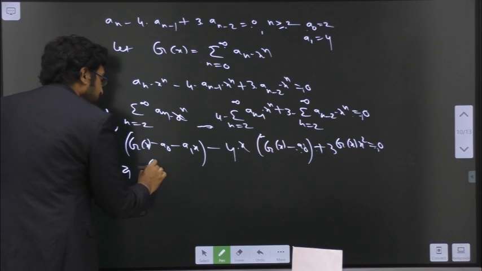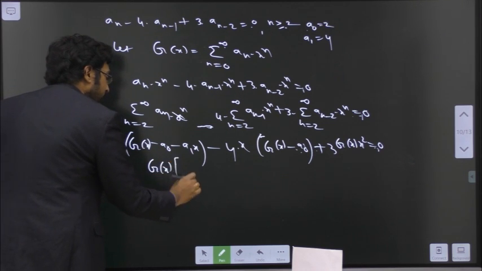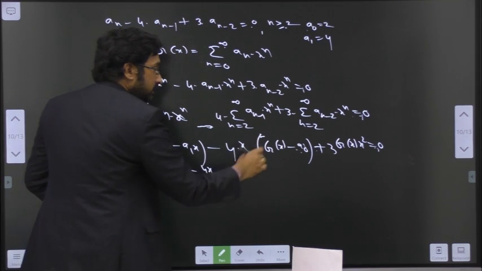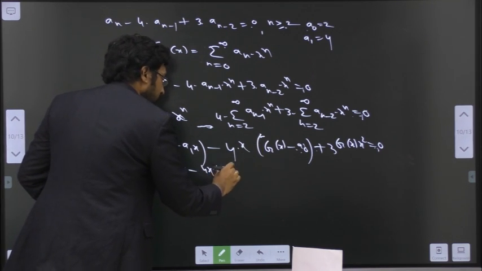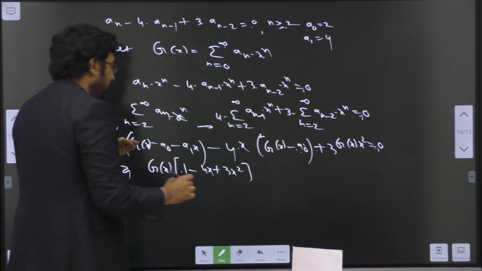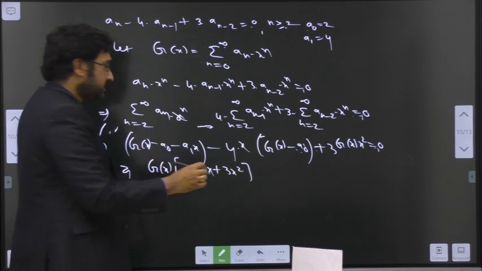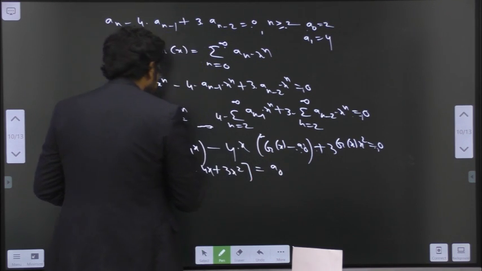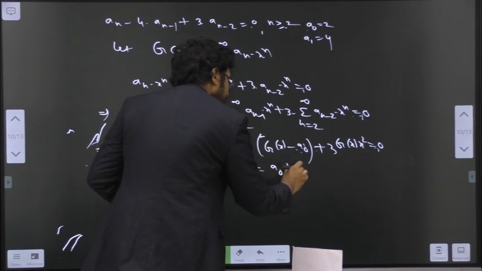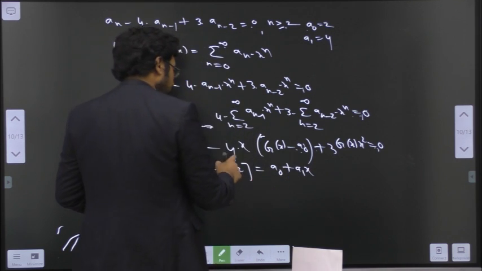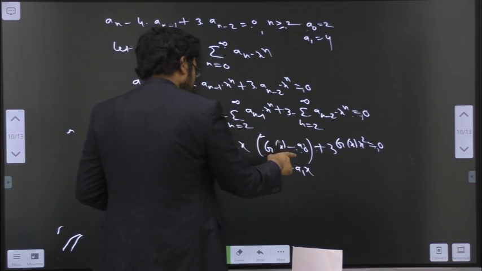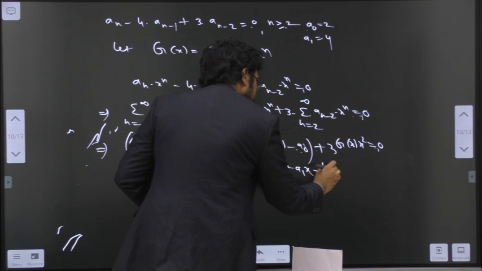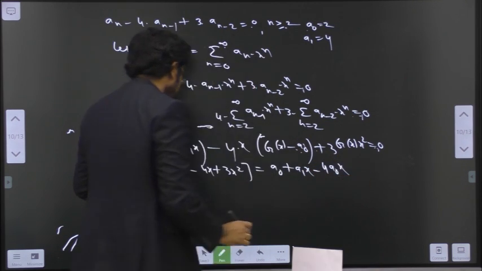So if you take g of x as common, then we will get 1 minus 4x plus 3x square. Take all remaining terms to right side. So we will get minus a naught become plus a naught, minus a1x become plus a1x. Here plus 4a naught x. If we go right side, it will become minus 4a naught x.